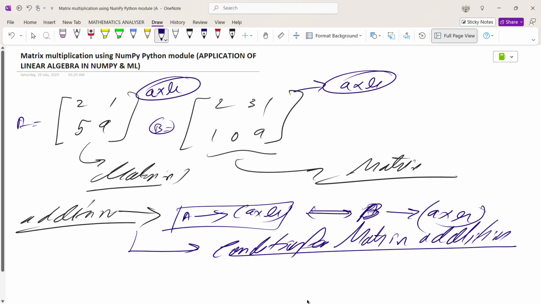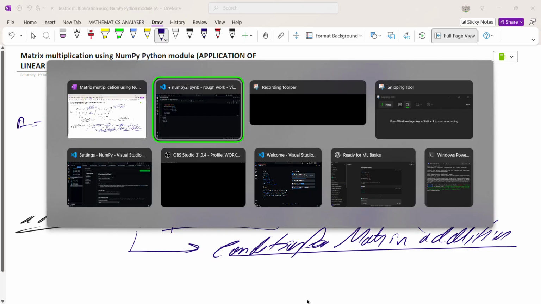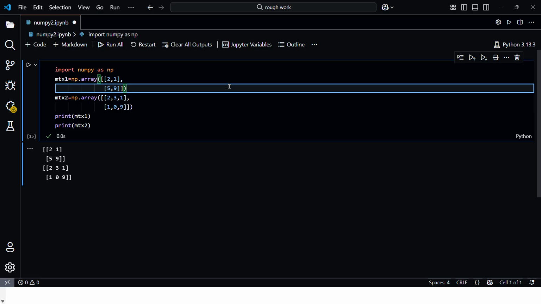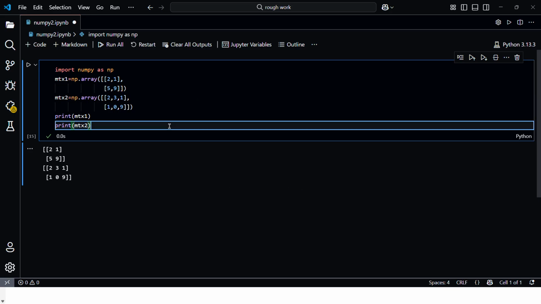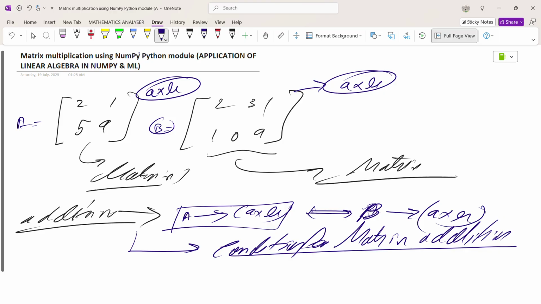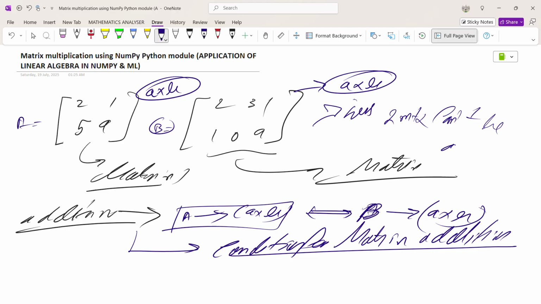I believe this is one of the most important things. In case we are adding matrix 1 plus matrix 2, let's see. This is a matrix of form 2 cross 2, and this is a matrix of form 2 cross 3. So their orders are not the same, and one thing is very clear: these two matrices can't be added.